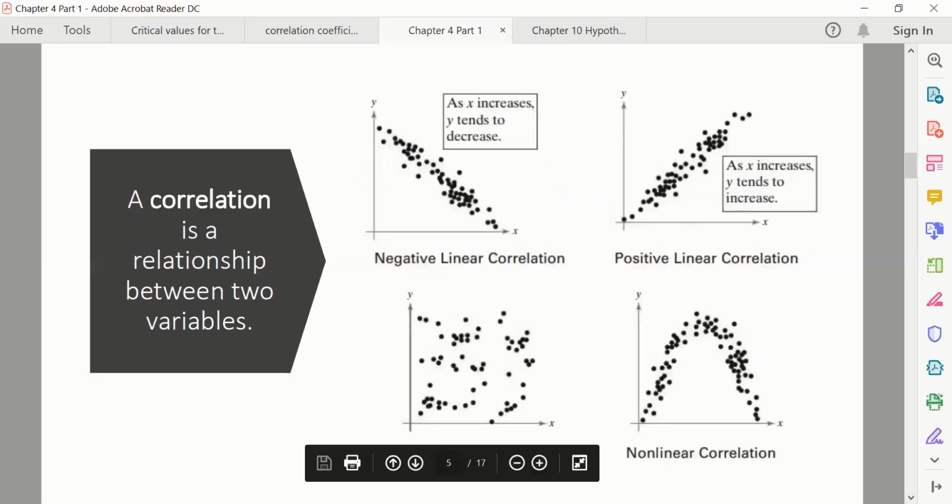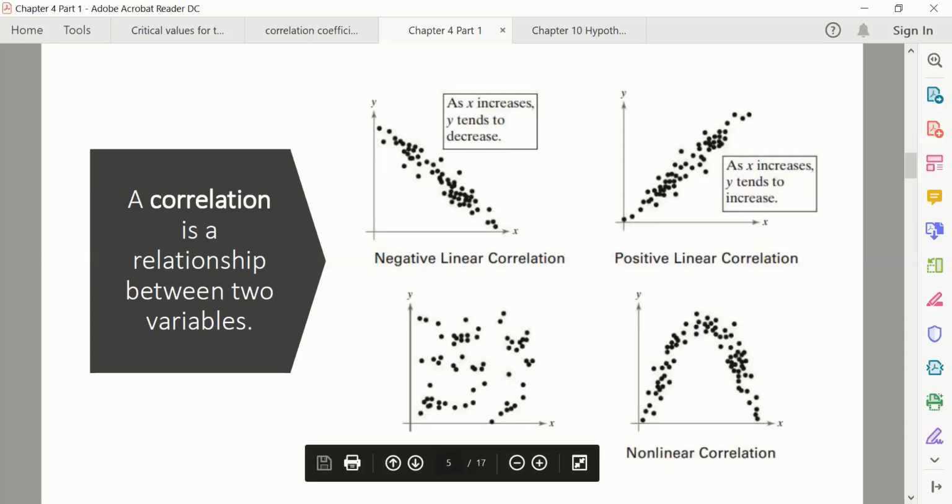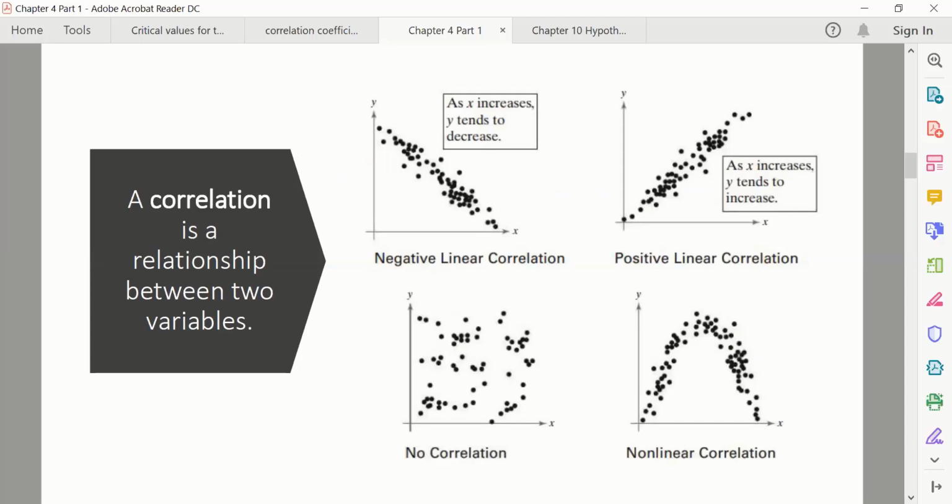A correlation is a relationship between the two variables. So we have 4 pictures here of correlation. In the first, on the top left, the negative linear correlation, as our X value is increasing, our Y value is going down and decreasing.